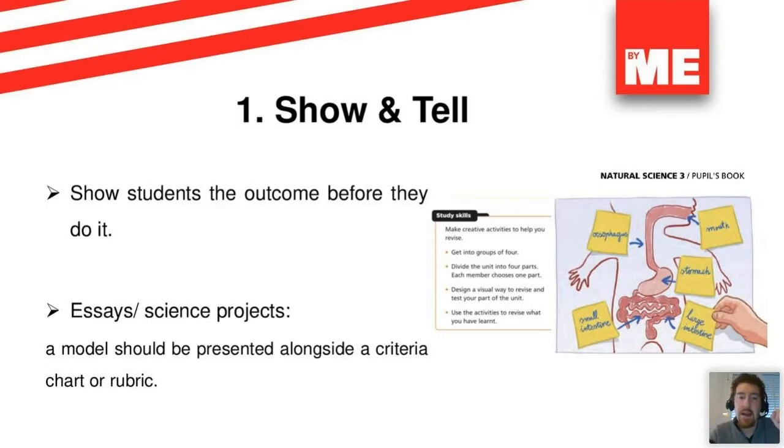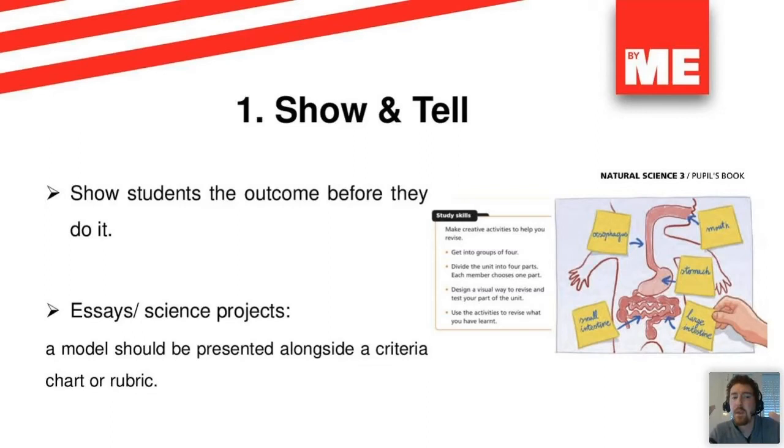Now, the same applies to things like science projects and essays, okay? A model should be presented alongside any criteria chart or rubric. And during my career to date, I've seen this, especially with essays at higher learning levels. Students are expected to write essays, but they don't have a model or something to follow.